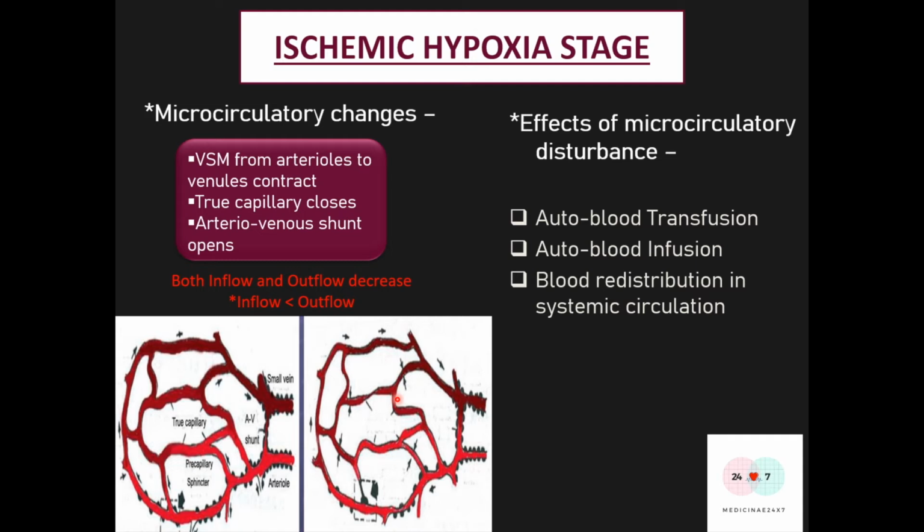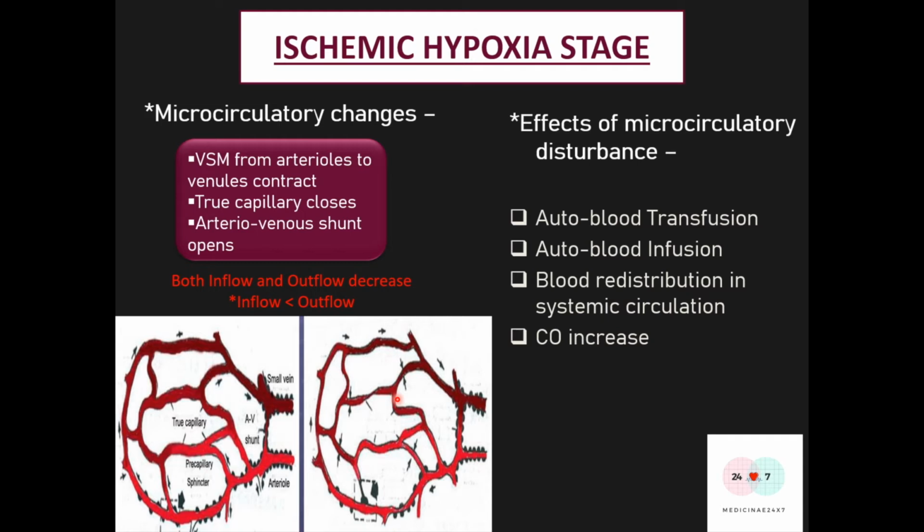So it redistributes the systemic circulation from the skin and skeletal muscle towards these organs in order to continue maintaining the blood pressure and adequate tissue oxygenation.